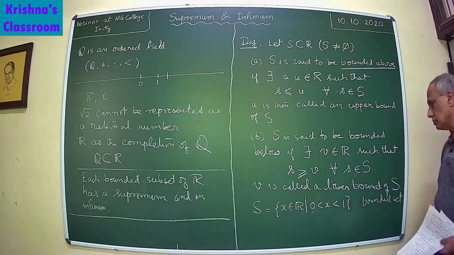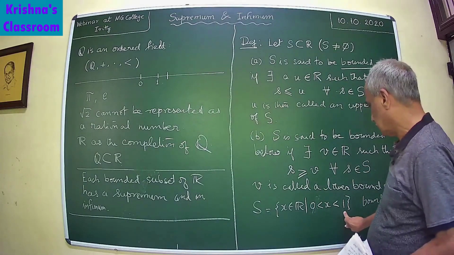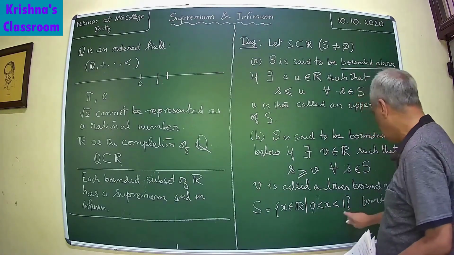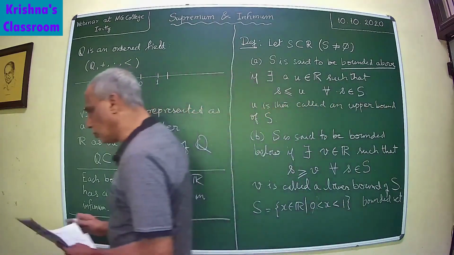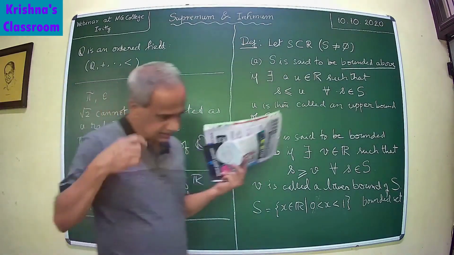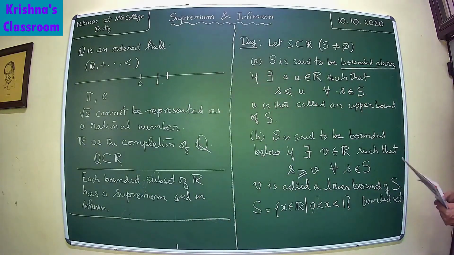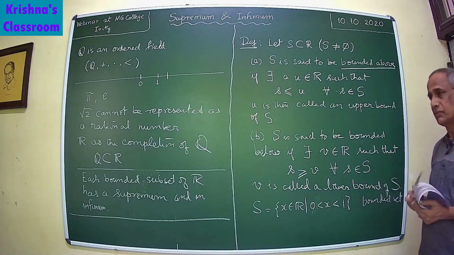Another thing that you observe is that 1 is a bound for this, 2 is a bound for this. So if a set is bounded, then the bound is not unique. There are several bounds that you can have. If n is an upper bound for the set, then n plus 1 is also an upper bound.